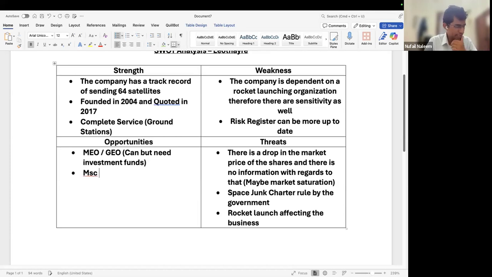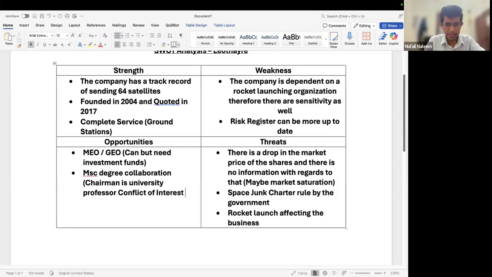Then, students, MSc degree collaboration. This can take place, students. And students, can I write down here? Our chairman is a university professor, I think. So in that case, students, conflict of interest, which we call ethical issues, can rise.